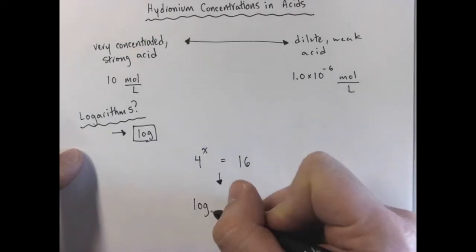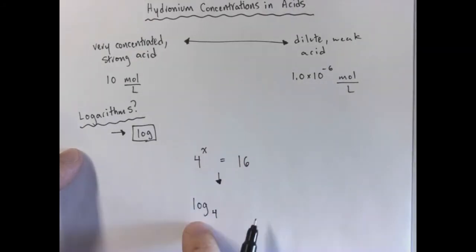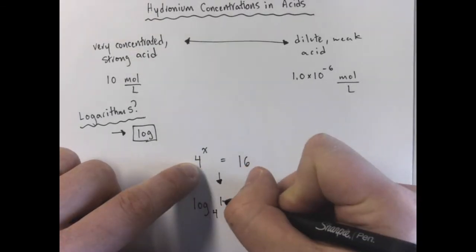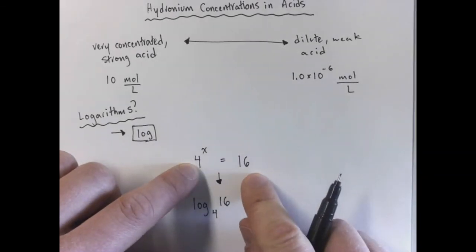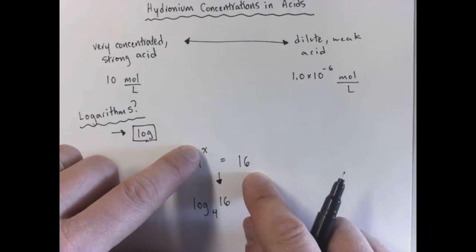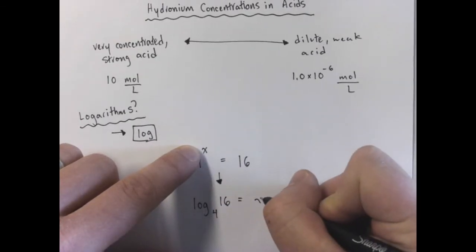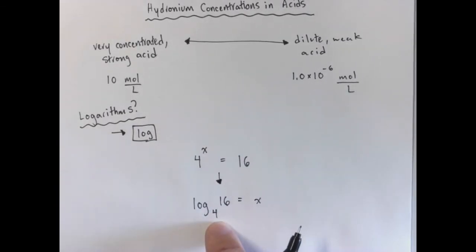So the way I write this logarithm is I write log, then I write the base of the power, 4, and then I write the number that 4 is raised to when I apply that exponent of x. So I write it like this: log base 4, where 4 is the subscript, 16 is written on the same line, and then x comes after the equal sign.